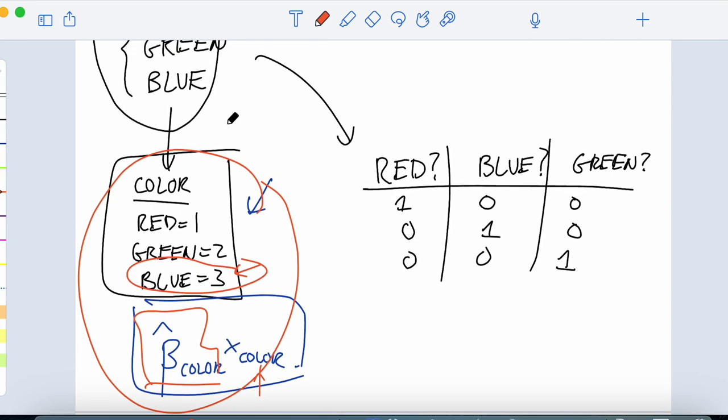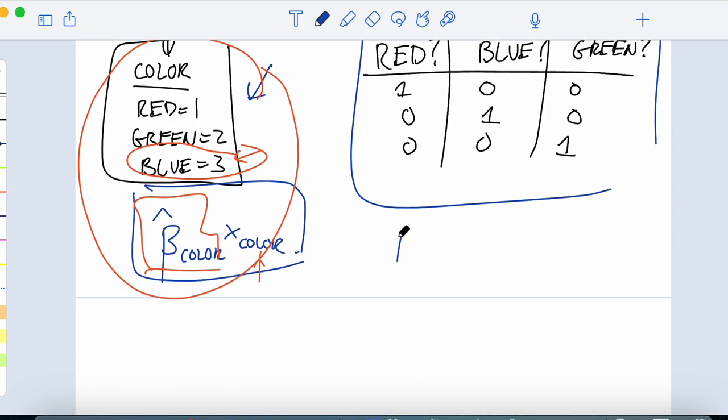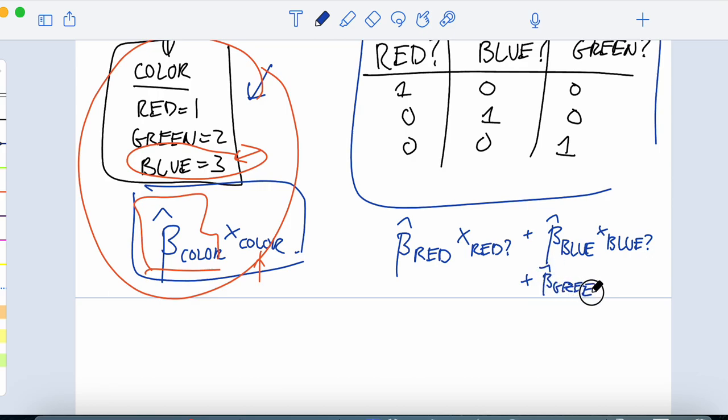On the other hand, this one is perfectly fine. This is totally fine, because what you're going to have is beta hat red times x red, is it red, question mark, plus beta hat blue times x blue, question mark, plus beta hat green times x green, question mark. Okay, and what this will mean is it'll say, if it's a red house, we add on this number.